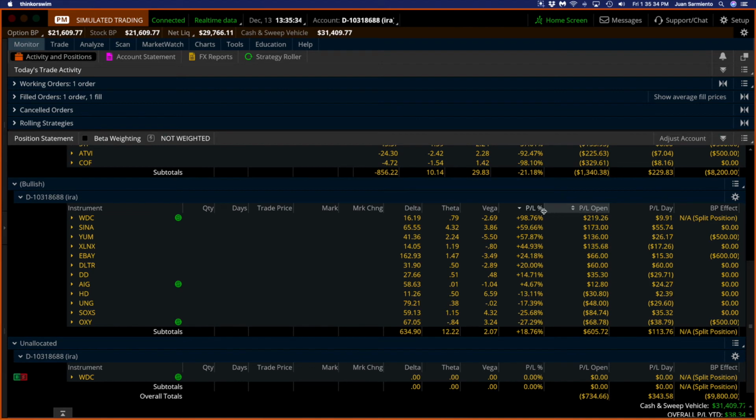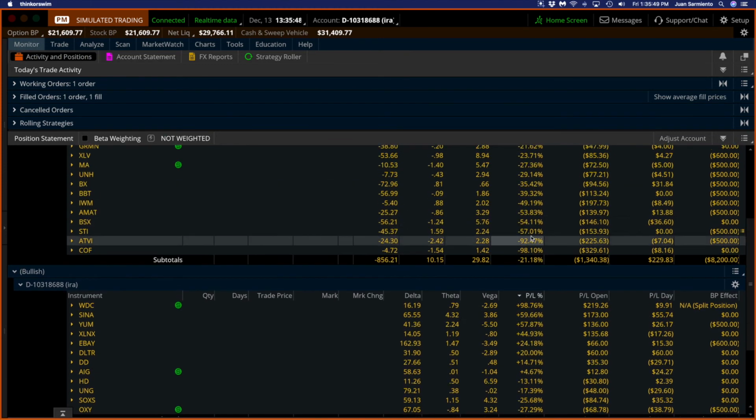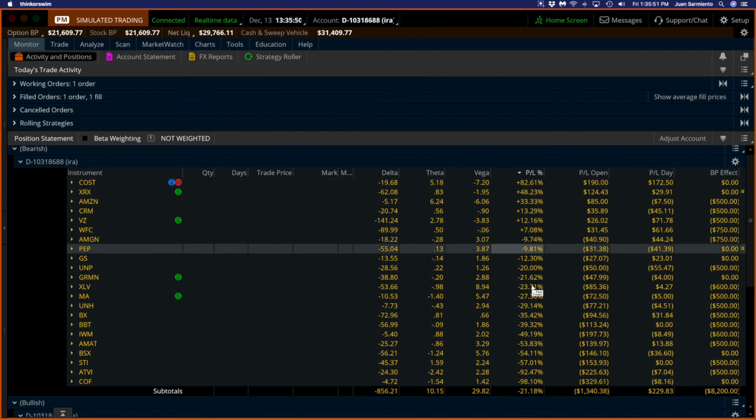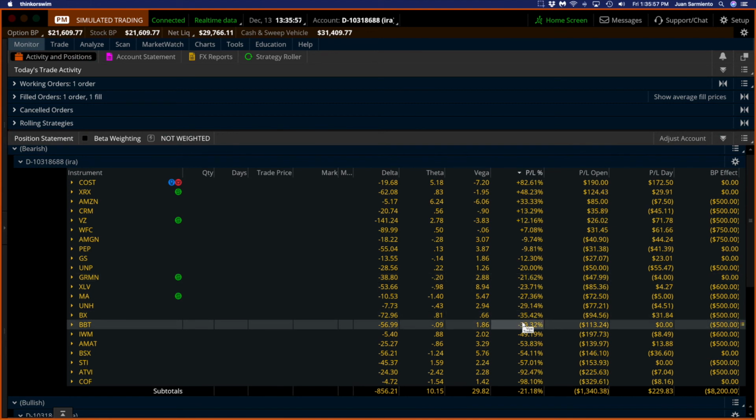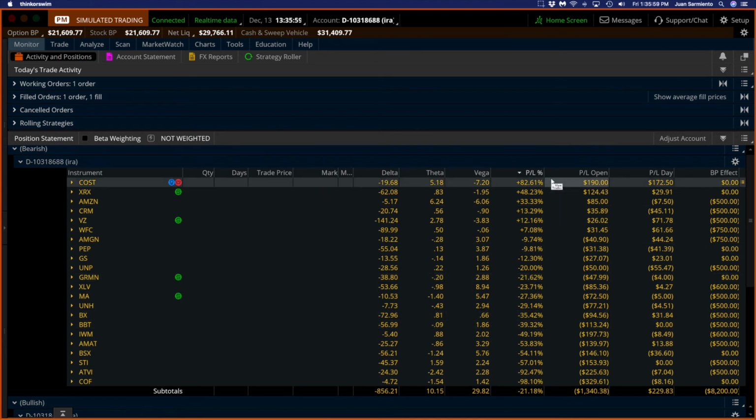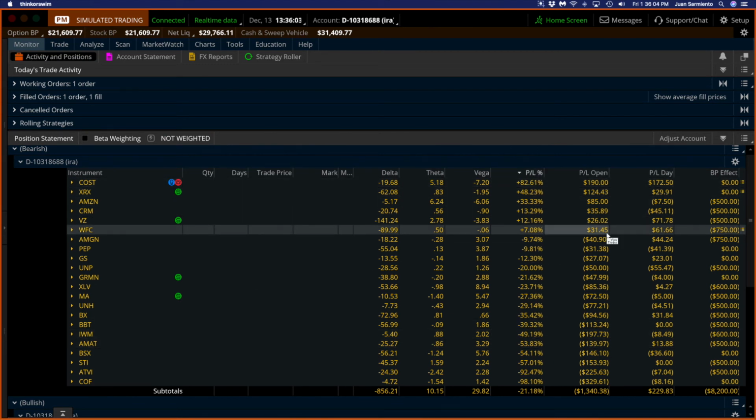So you can see here that you can just click here and it tells you the ones that are close to or over 50% or close to 100% for you to get out if you need to. And on this side is the same thing. On the put side, I added this PNL. Again, I will place the link below so you can locate that. And I explain how to add this PNL percent here so you can see that.